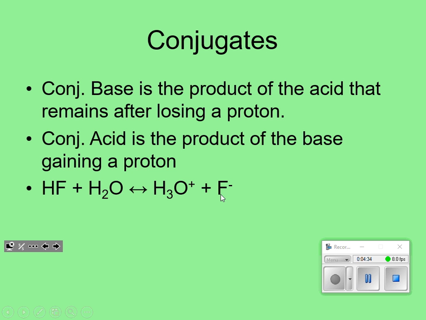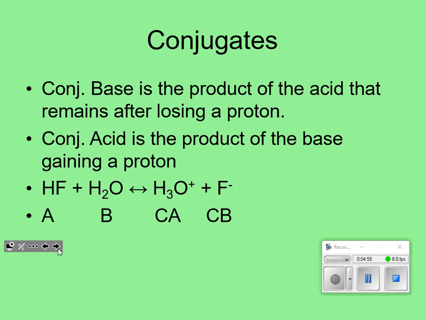In a similar method, H2O in this equation, since it's accepting a proton, it's acting as a base. This hydronium ion then is the conjugate acid of that base. So these two are conjugate pairs, and these two are conjugate pairs.